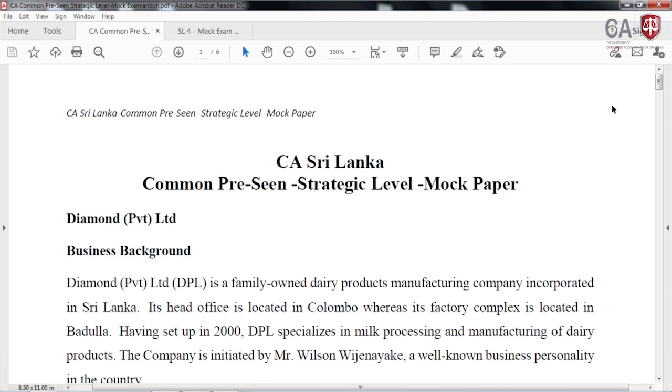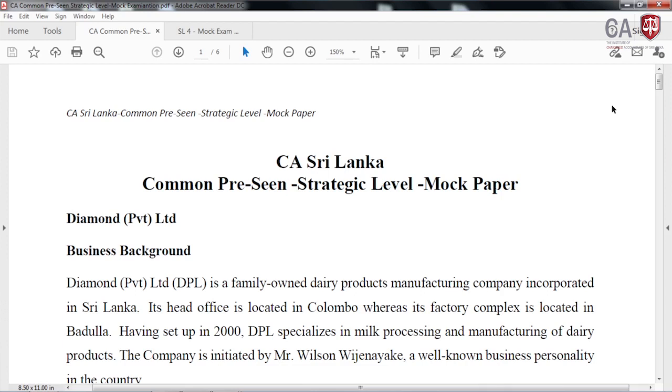Then there may be other information, like governance, which is relevant to the auditing subject. So, if you are doing SML only, in that scenario, you have to specifically identify the relevant information for the SML paper.